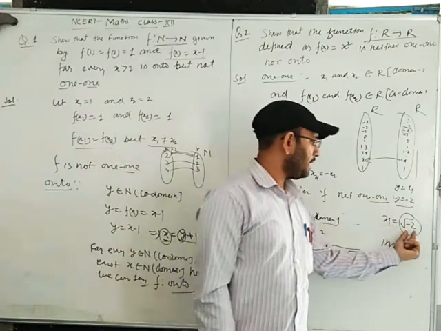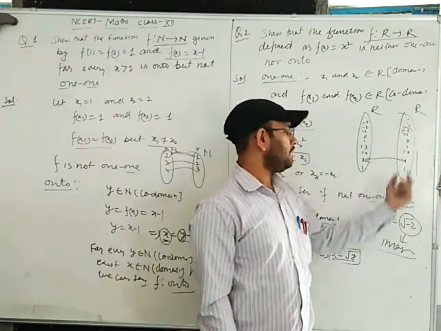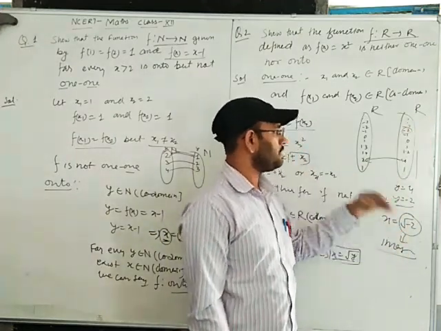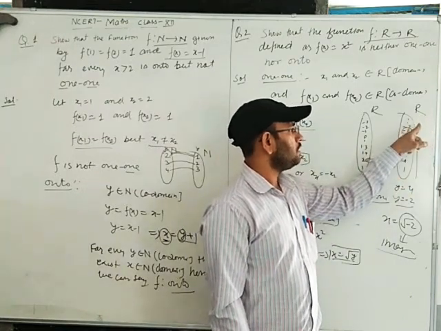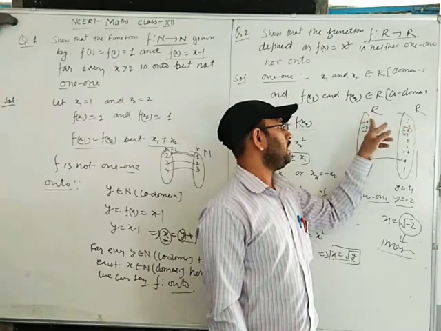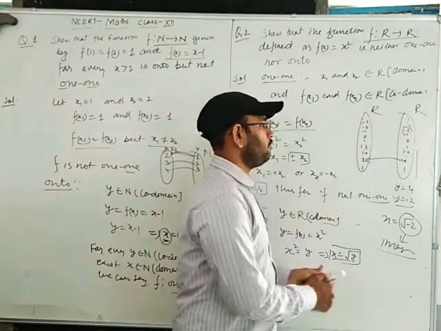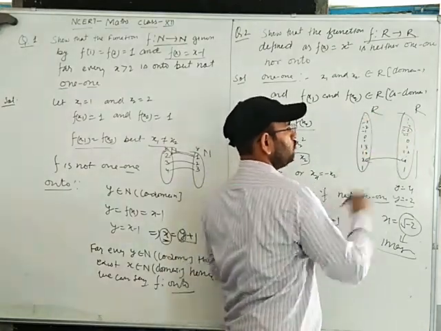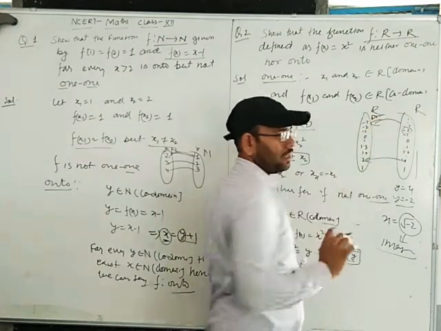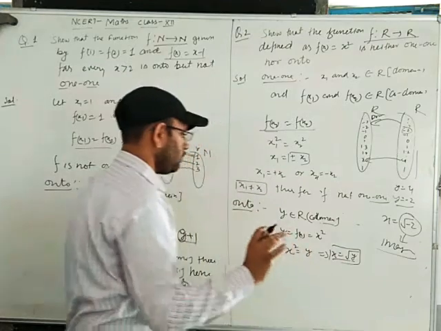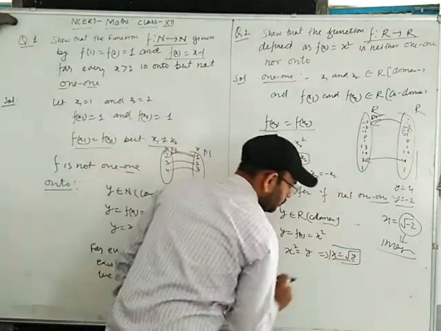But if you are taking negative values, what are you getting? You are getting an imaginary number. It means for every negative value there is no pre-image. Understand that? So it is not onto.